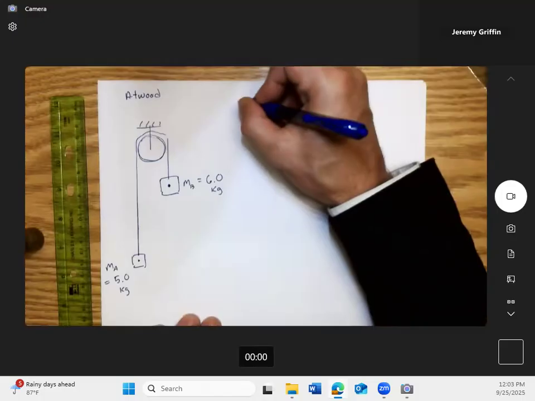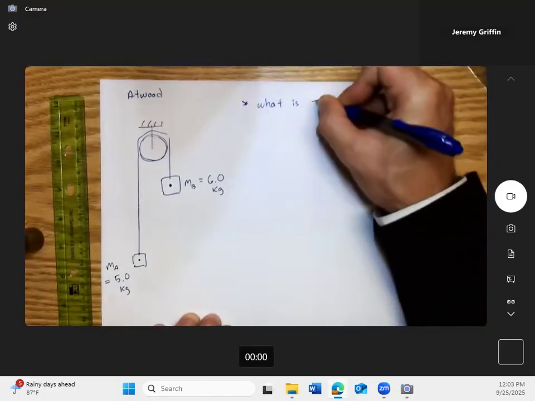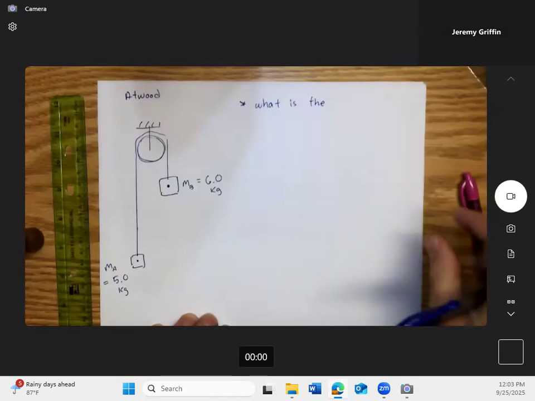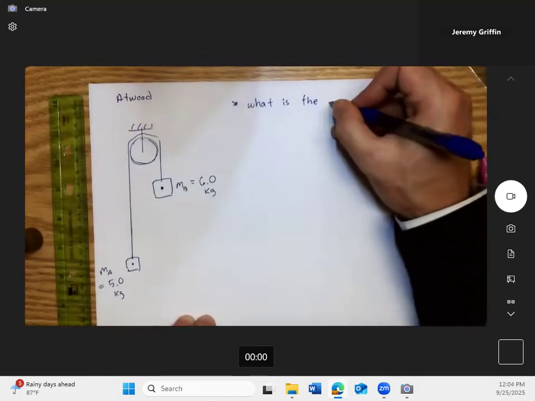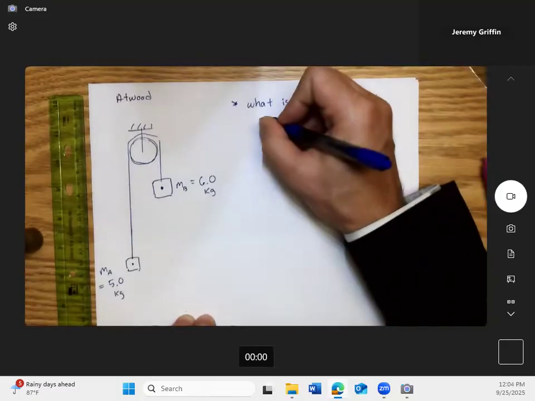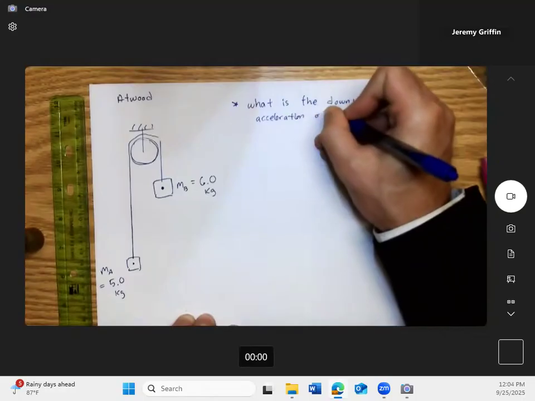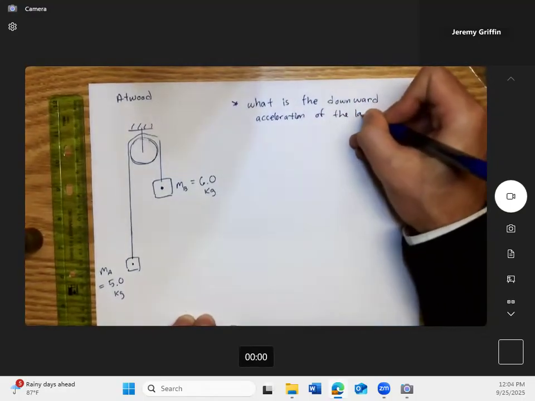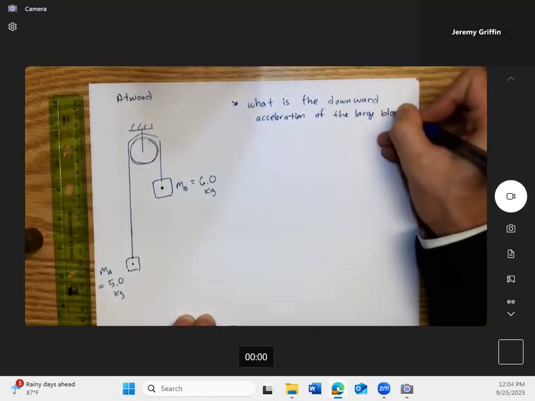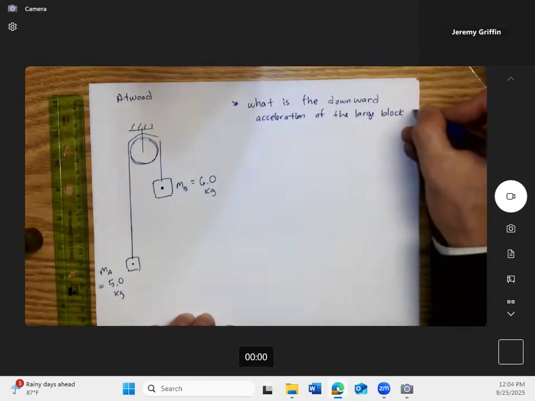So my questions could be, now I might say the acceleration of the system overall, or sometimes it's phrased this way. Like, what's the downward acceleration of the large block? Because the large block's always going to accelerate down. Okay. So that's one question.